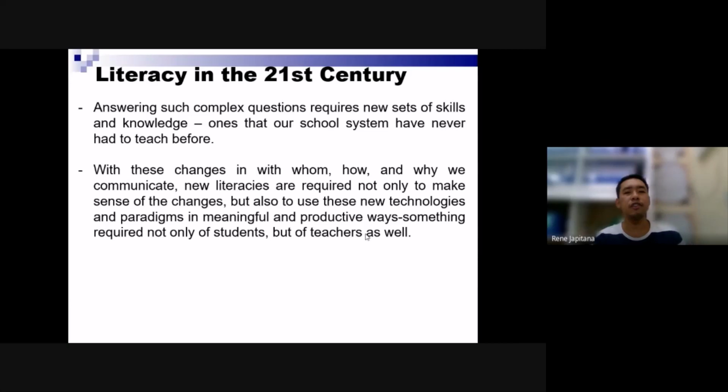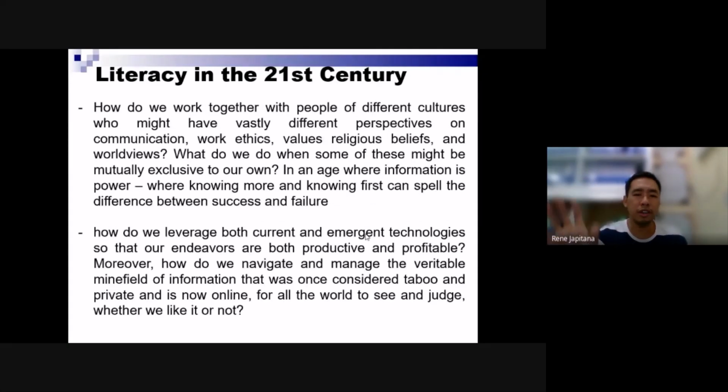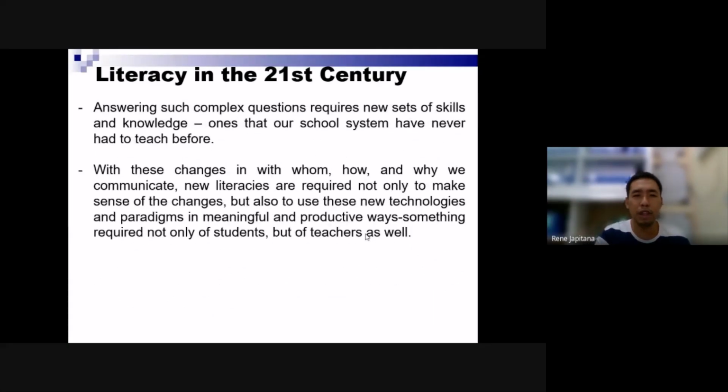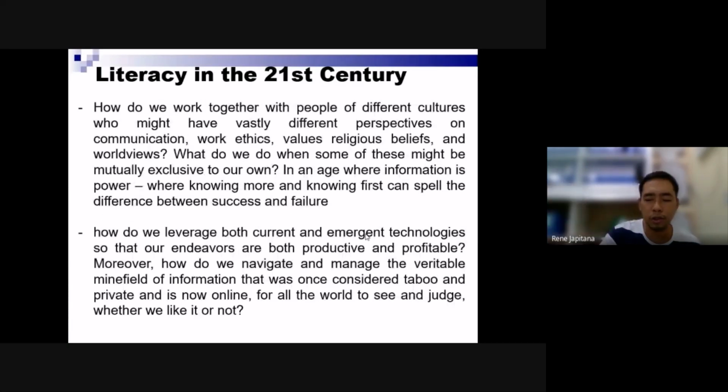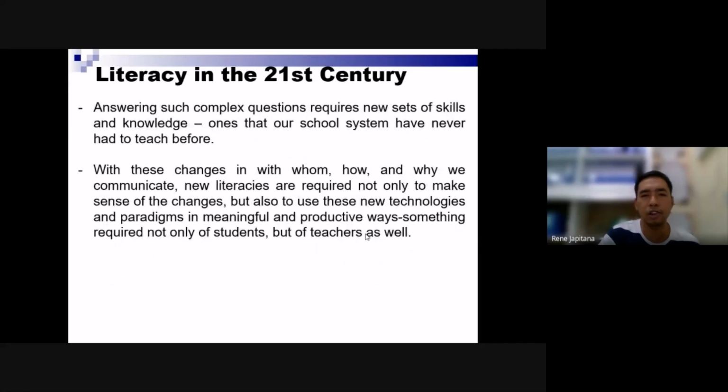Answering such complex questions. Those are complex questions, right? Difficult questions that require new sets of skills and knowledge. So answering those questions requires new sets of knowledge and skills. And that's the 21st century literacy, ones that our school system has never had to teach before.